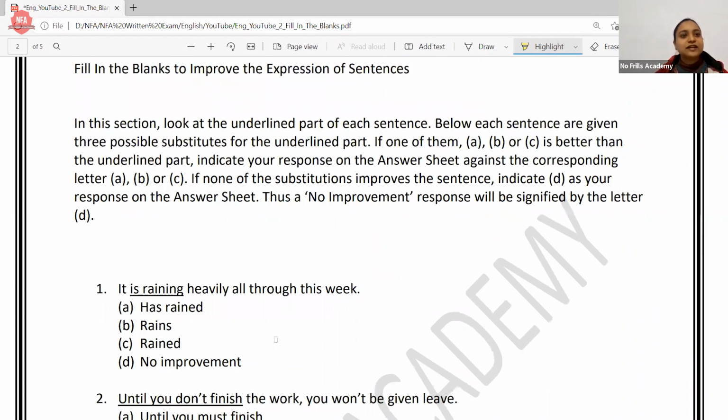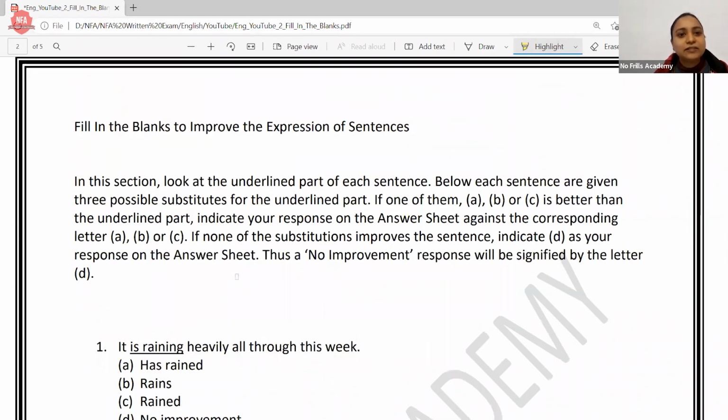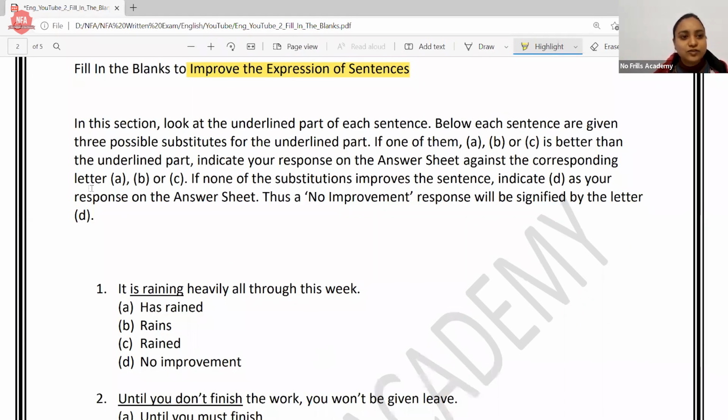So let us understand filling the blanks, to improve the sentences. These come under the sentence improvement section. To elaborate on what is exactly to be done, I have also noted down the exact question. In this section, look at the underlined part of each sentence. Below each sentence are given 3 possible substitutes for the underlined part.